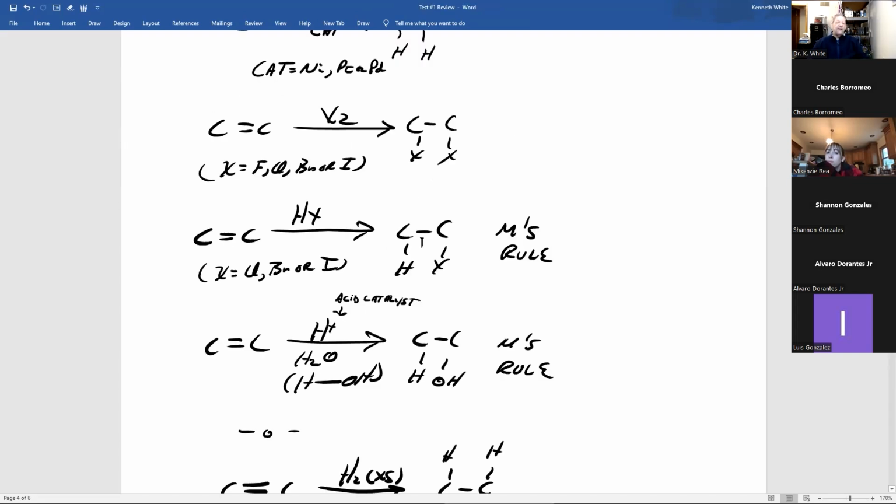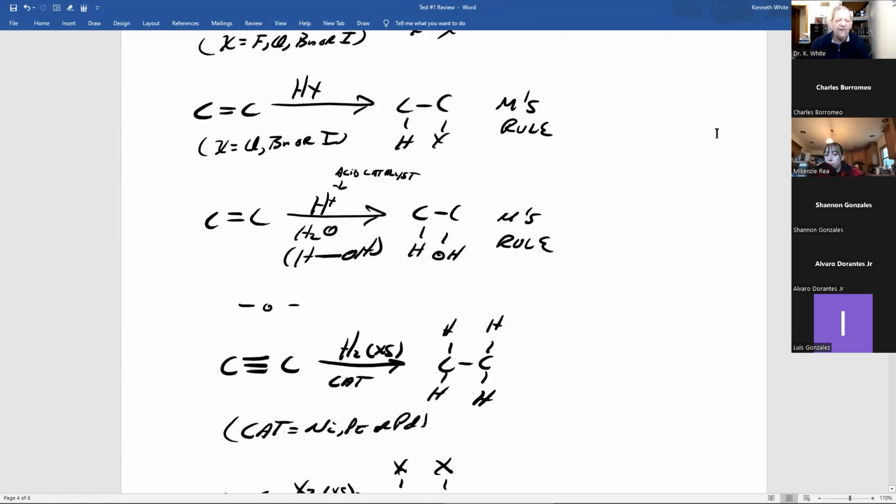Next reaction, double bond and halogen. Here I taught you organic chemists use X for halogen: chlorine, fluorine, bromine, or iodine. Take halogen gas, and you don't need a catalyst. With a double bond, you break the pi bond and each carbon of the double bond gets a halogen. Next, the first 2 are symmetrical addition, the same thing on both carbons.